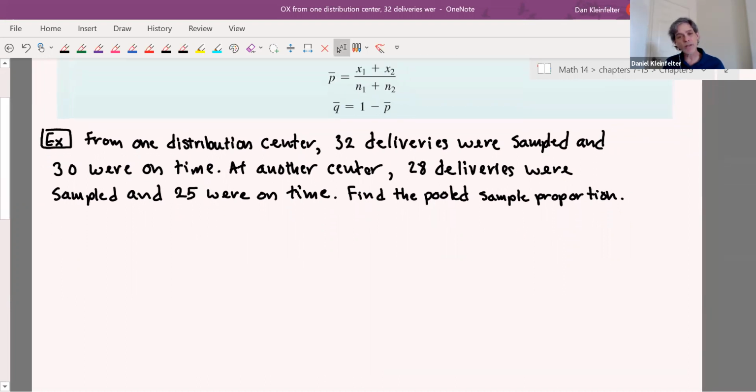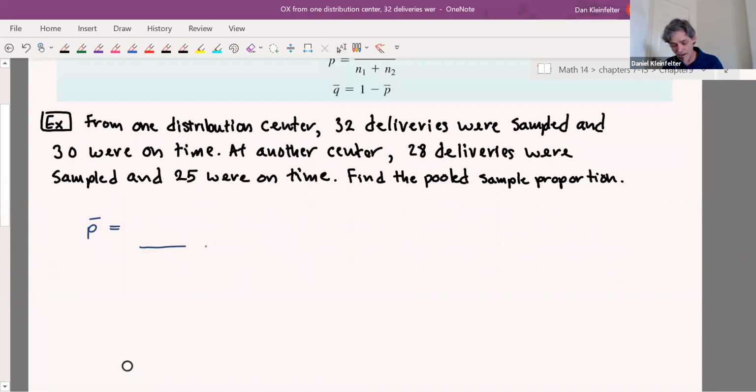So going back to the delivery example we had a minute ago, for P bar, we'll have the total sample size on the bottom, which is 32 deliveries plus 28 deliveries. And then the on time, 30 out of the first one and 25 out of the second one.